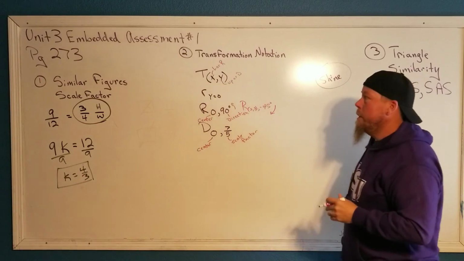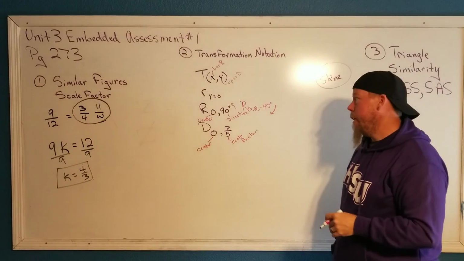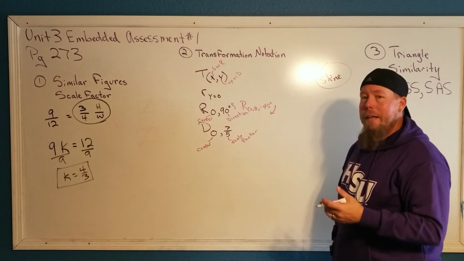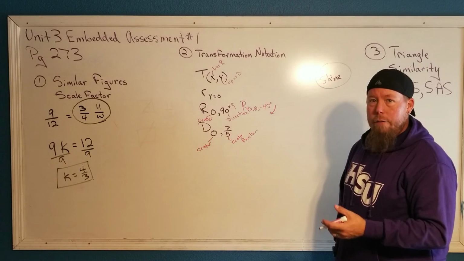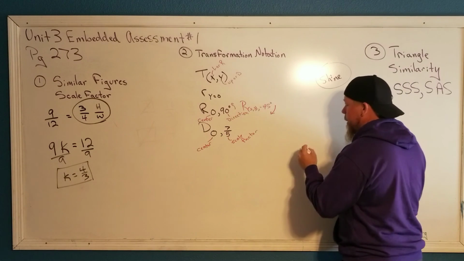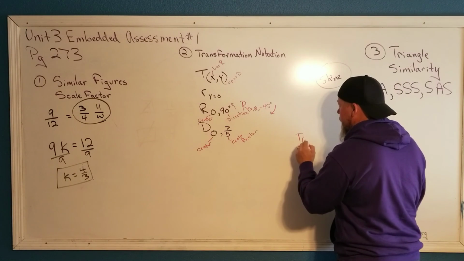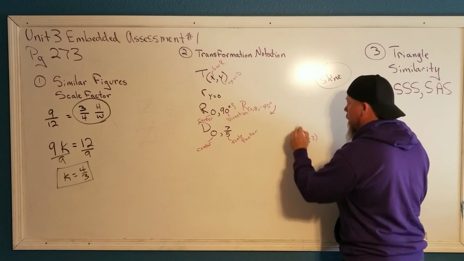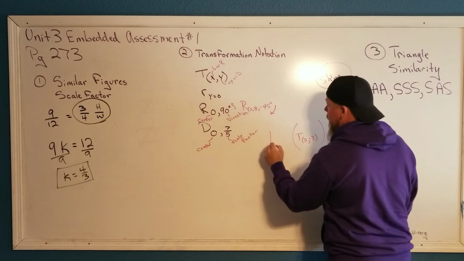Okay, so I wanted to take a minute because I know transformations can be a little tricky. The other thing to remember is that if you're doing a combination of transformations, more than one transformation, you're going to list your first transformation. Let's say you wanted to do a translation 2 to the right and down 3, and then you wanted to dilate it.